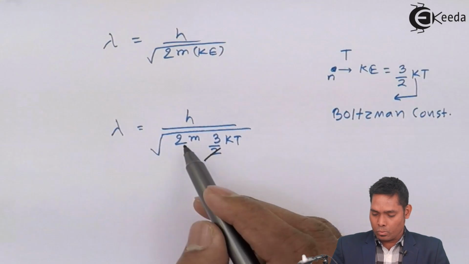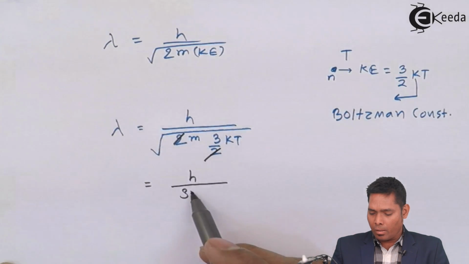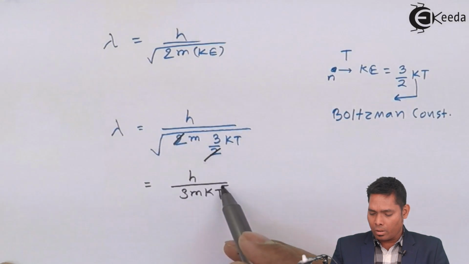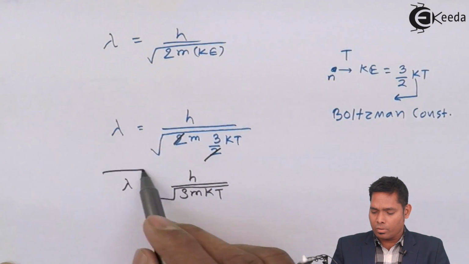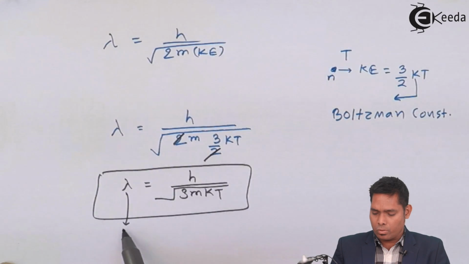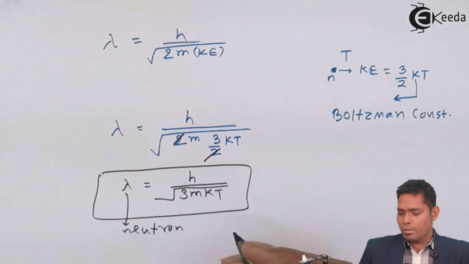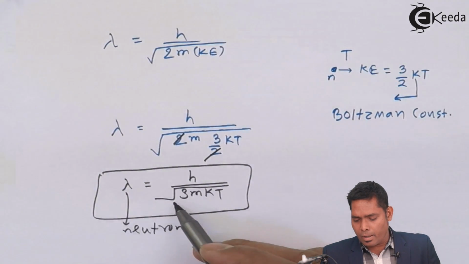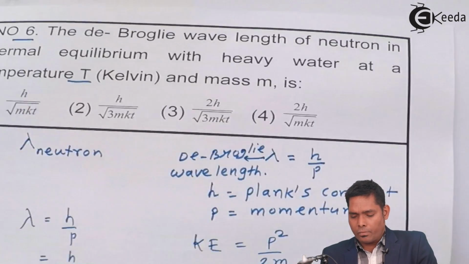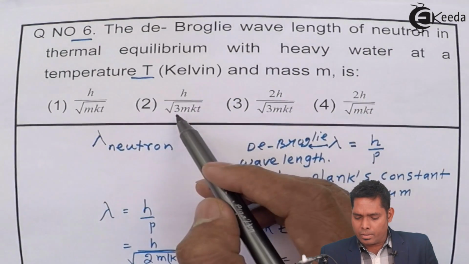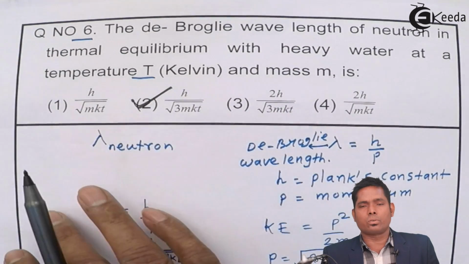If I see, this 2 cancels out, and this becomes h divided by the square root of 3mkT. This is the de Broglie wavelength of the neutron, which is h divided by the square root of 3mkT. If I see the options, then h divided by root 3mkT is this one only. So this is the right answer to this question.